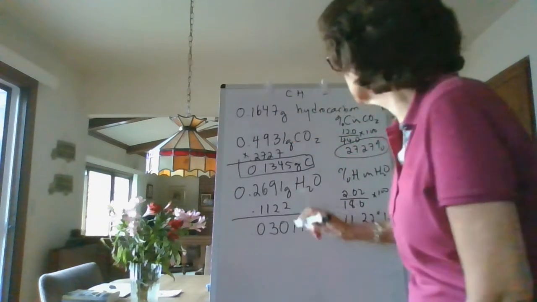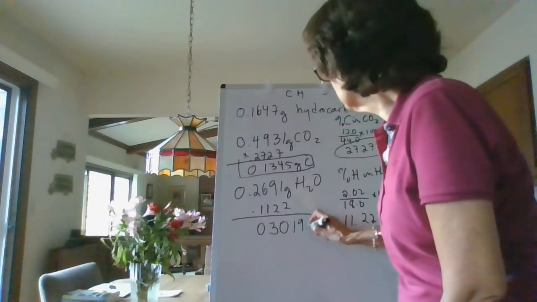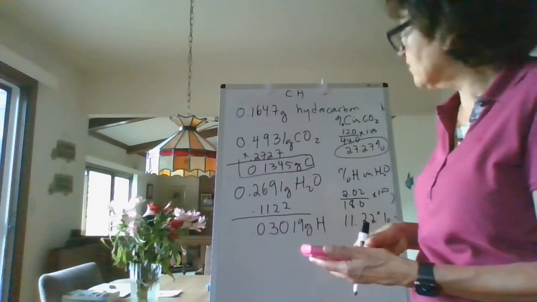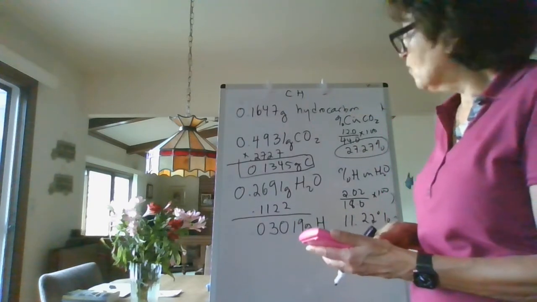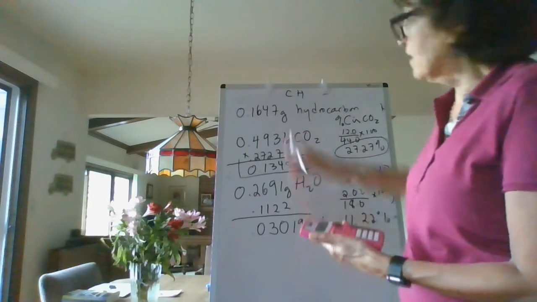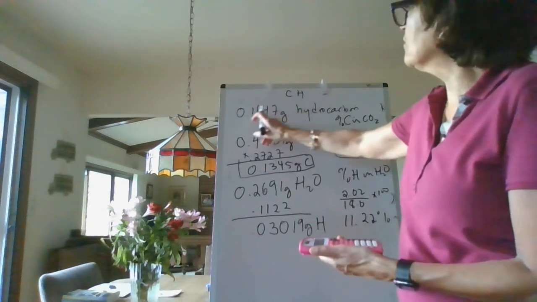I hope I'm copying this right. Grams of hydrogen. Just for the heck of it, let's go ahead and add that to the 0.1345. And yeah, you end up with this number over here, 0.1647.